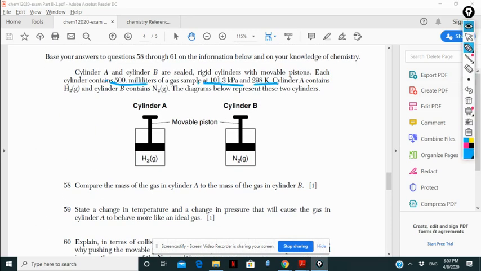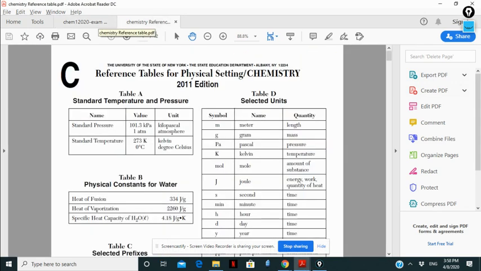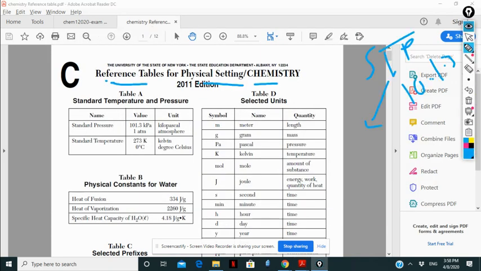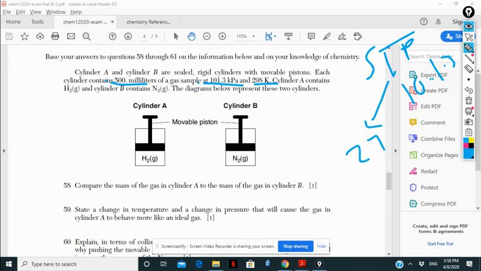So I need to know what STP is. So the pressure is 101.3. The temperature should be 273. If you forget, you can go here and everything is here. 273.